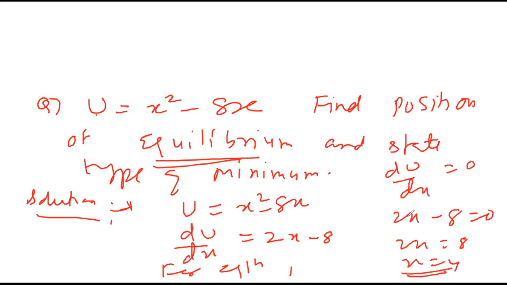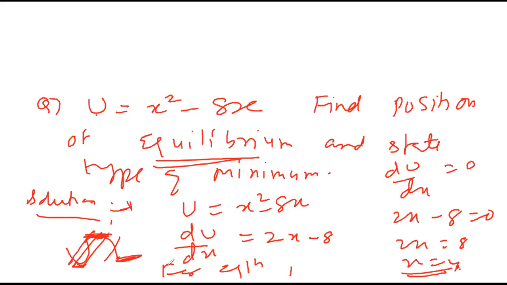Which type of equilibrium? That depends on whether it is a minimum, a maximum, or a no-change case. Please copy this. If I take the second-order derivative, meaning derivative once again, and get the answer greater than 0, then it is called minimum energy, the stable one. If negative, then it is the unstable one, and if 0 comes, then it is the neutral one.